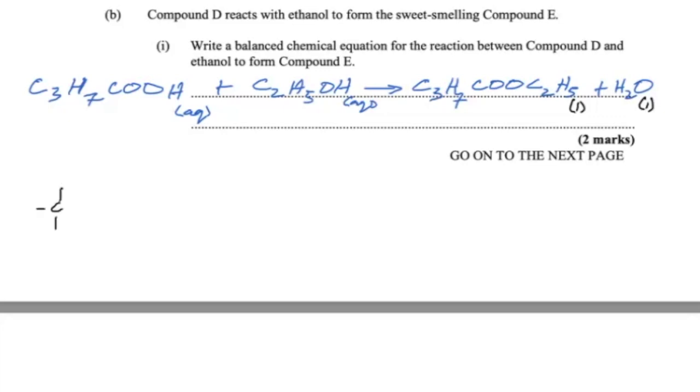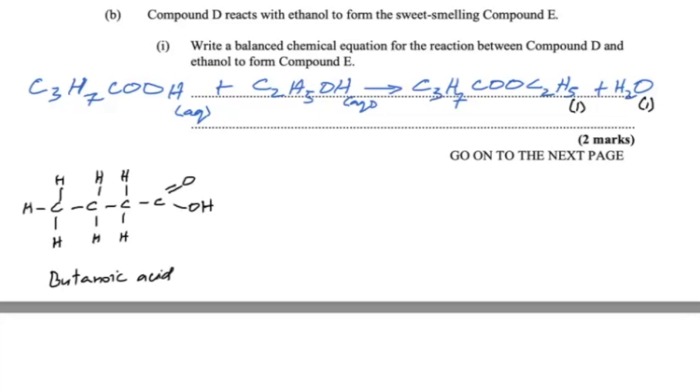So this is what it would look like. We have something like this, 3, 4, C double bond O. So this is our butanoic acid. And then we're going to go with the ethanol now, in blue.